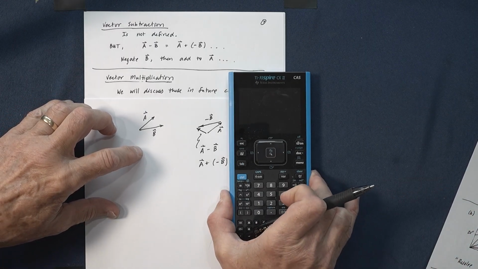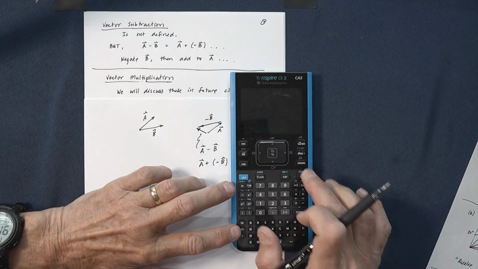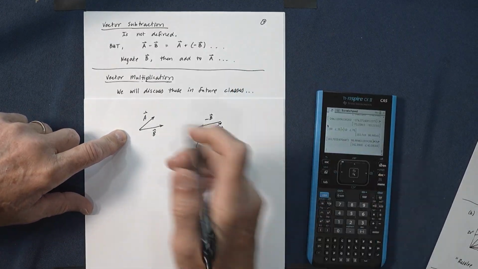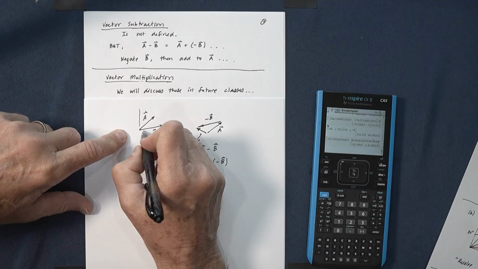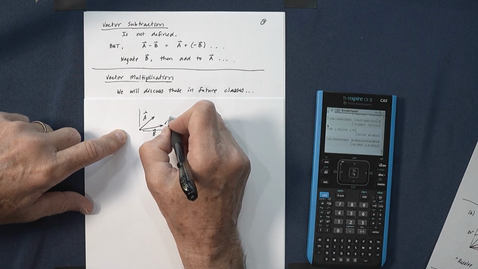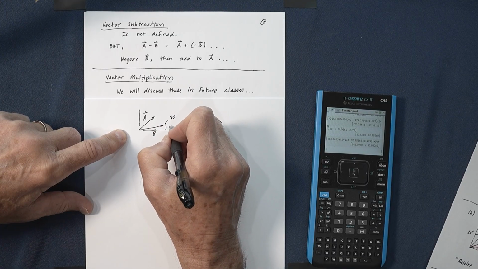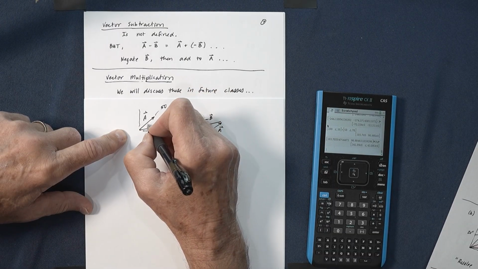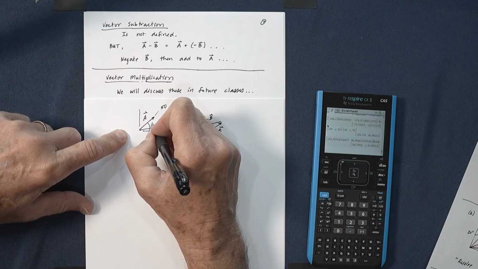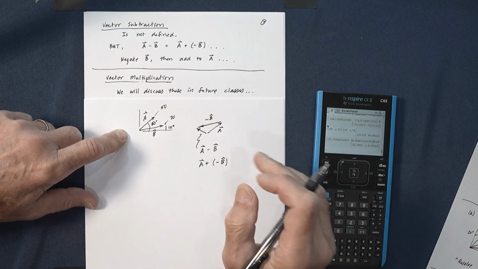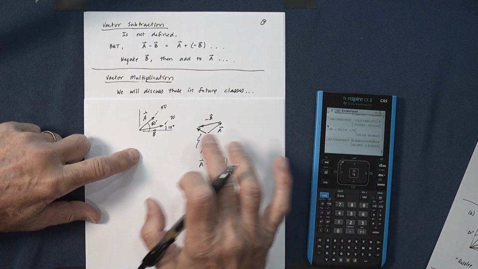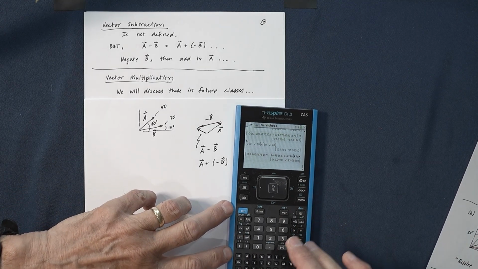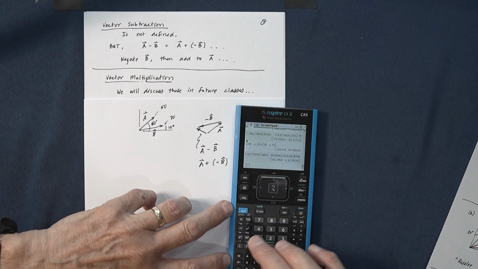So however they're given, let's say this is 70 at 10 degrees, and let's say this is 50 at 50 degrees. We can enter those that way. So basically go control square bracket.